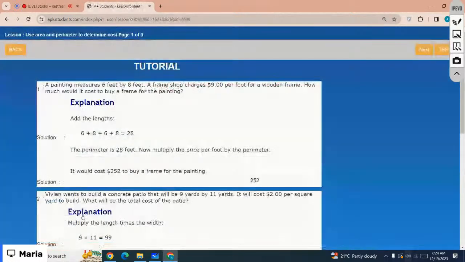So basically now we are given the area and perimeter, and you have to determine the cost.